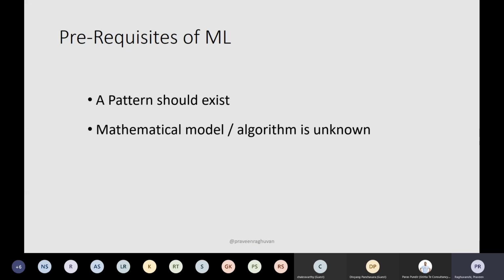And you know that there is no mathematical model or algorithm that is present. For example, you have been writing an algorithm for sorting. In that case, you know the algorithm, how to sort, whether it is through bubble sort or insertion sort or different algorithms you know in advance.